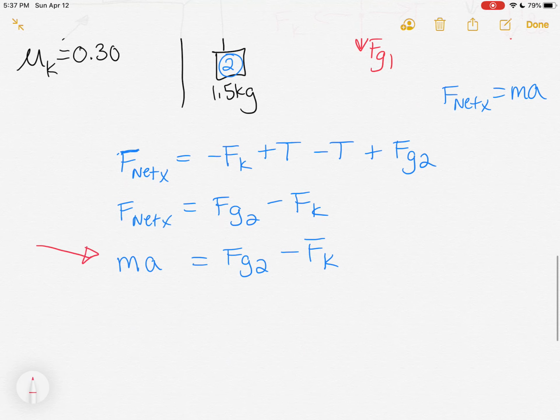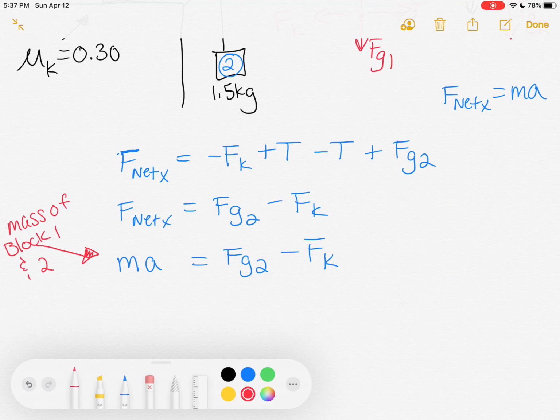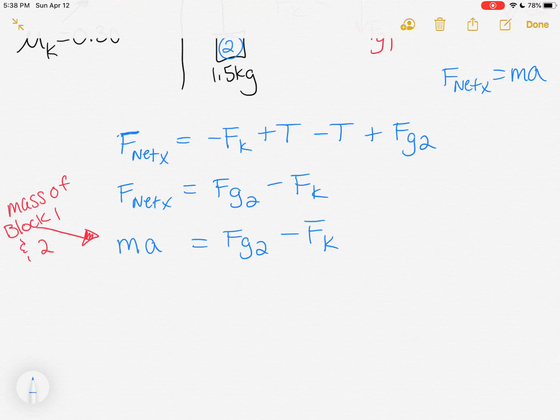Now, a couple of small things here. So in this side of the equation, the MA, that has to be the mass of block 1 and 2. Whereas if we have an FG, that FG is going to be the mass of just the object that it's for. Okay, so I'm going to rewrite this equation here, only I'm going to label it a little bit better.